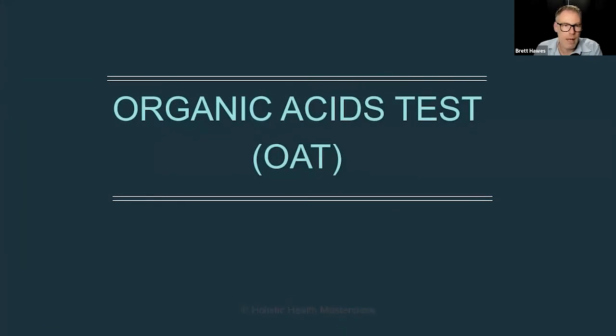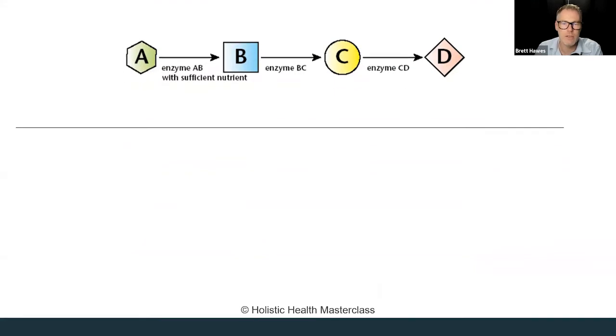So moving on to organic acids testing. Organic acids testing is very common in the functional medicine space. The way that it works is anytime I need to convert something from A to D, I've got to go through A, B, C, D, and we use enzymes, right? We need nutrients to convert the substrates.